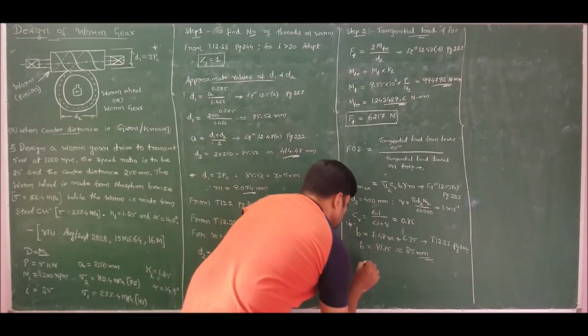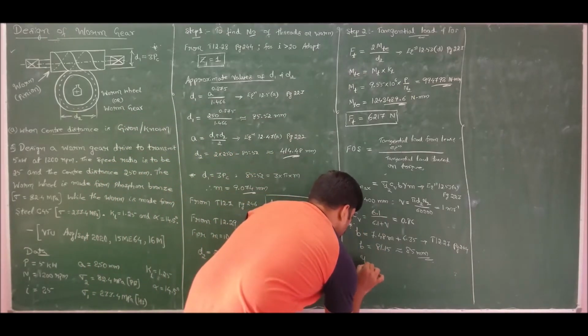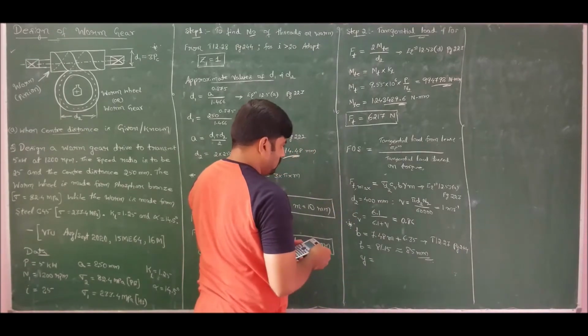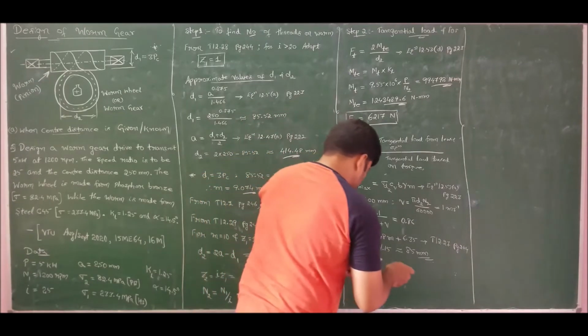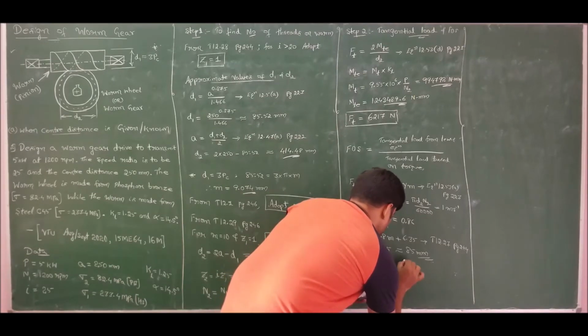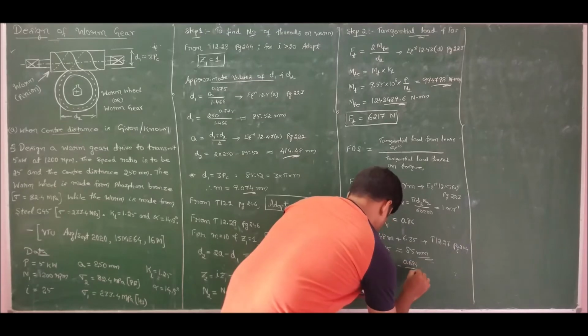So now coming for capital Y, it is pi times small y, where small y is given from the Lewis form factor for 14.5 degree, which is 0.124 minus 0.684 by Z2.